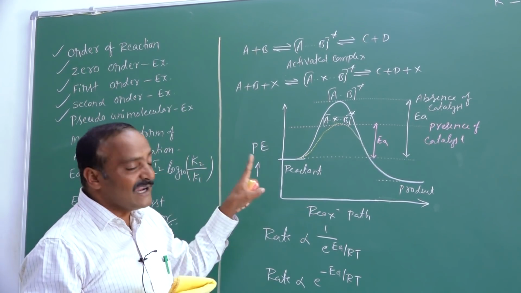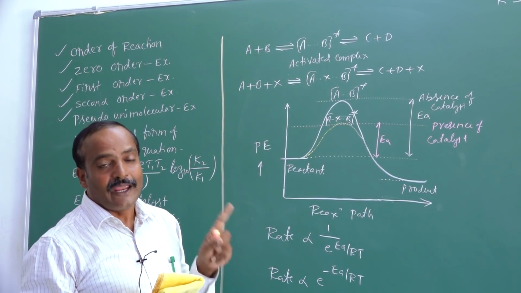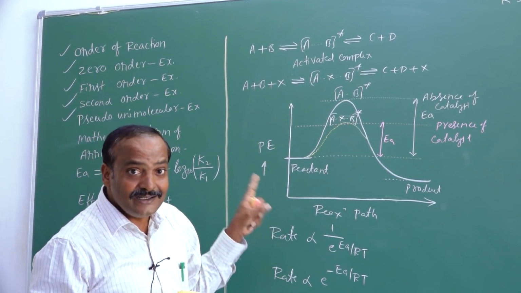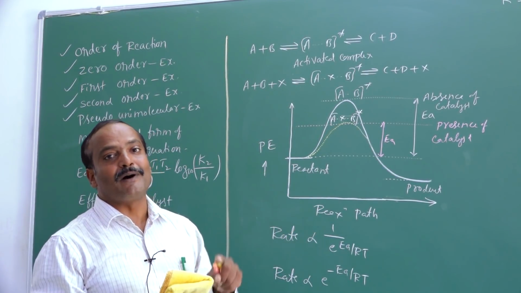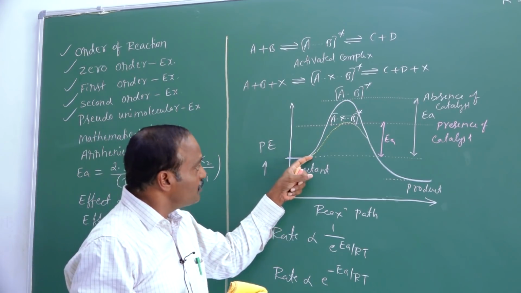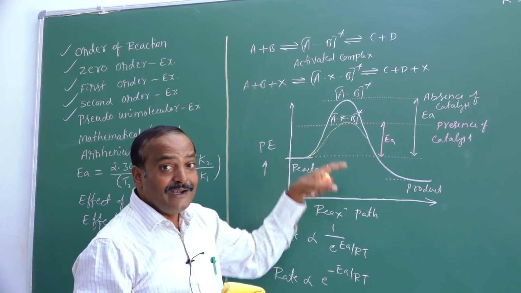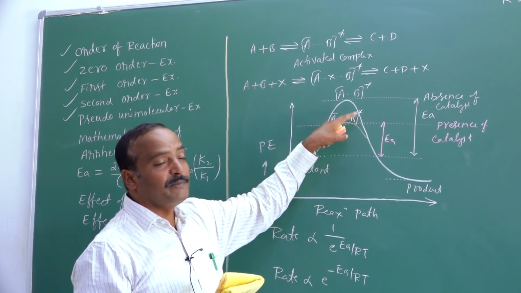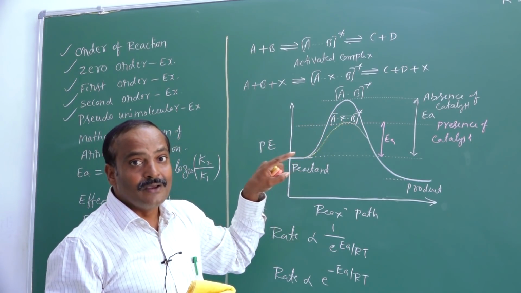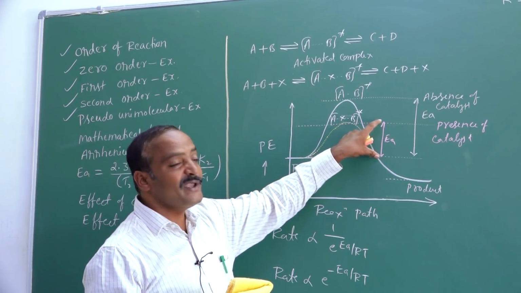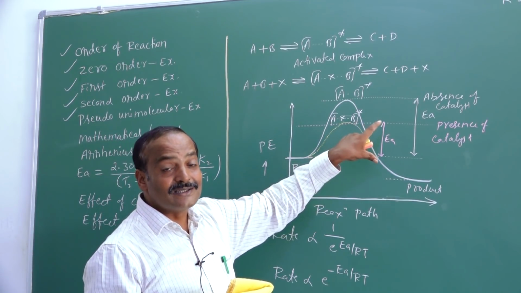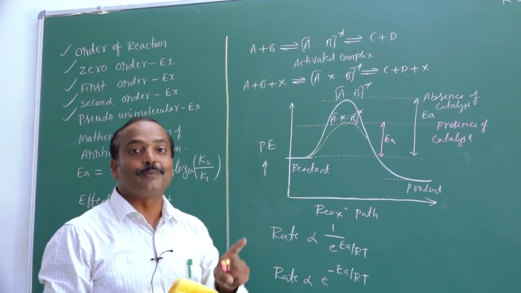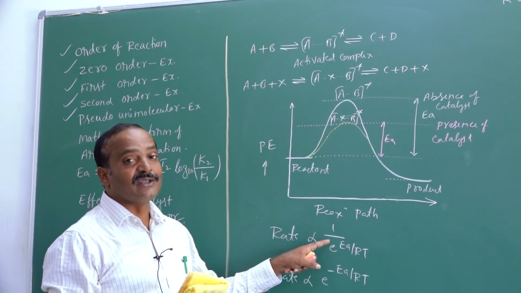When the same reaction is conducted in the presence of positive catalyst X, the reaction takes place by an alternate path, and a new activated complex A...X...B star is formed, which has a lower activation energy. This clearly indicates the rate of reaction is inversely proportional to activation energy.